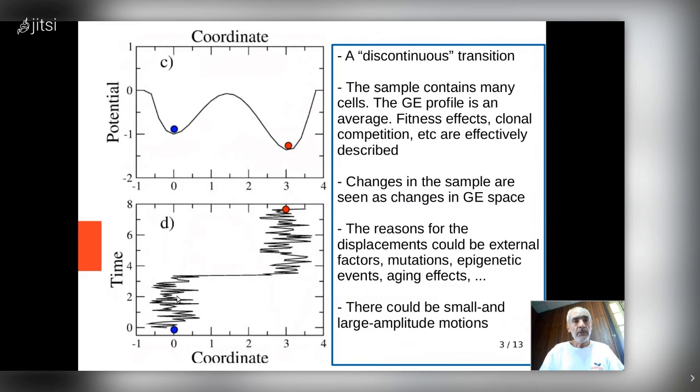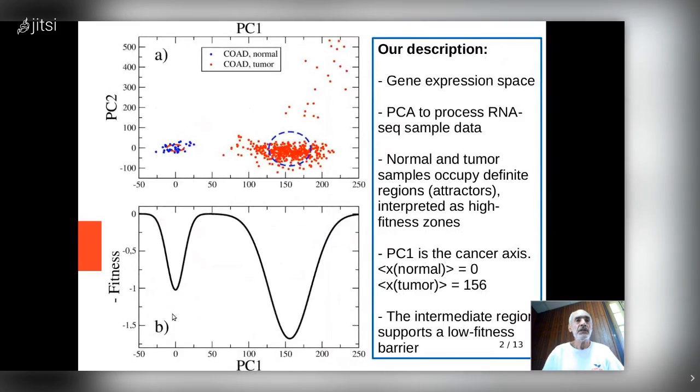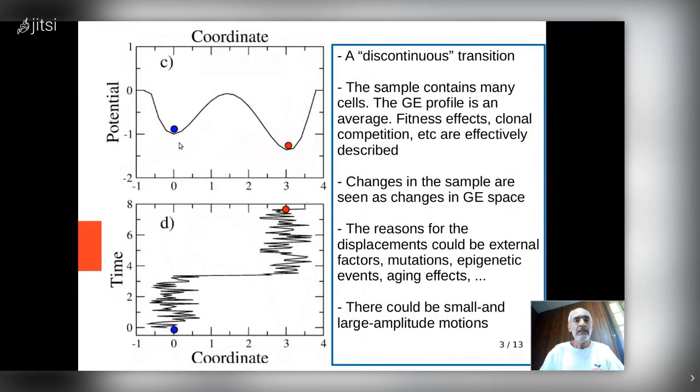The reasons for this motion, you can imagine, for example, that mutations cause change in the gene expression, or you can imagine that external factors also lead to these small changes in the gene expressions, or epigenetic events, agents, for example, also.